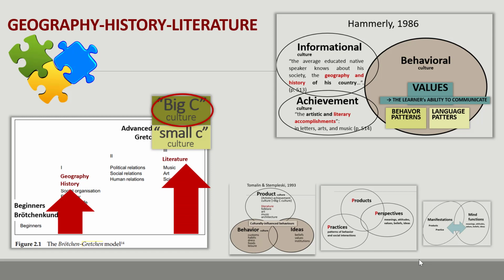In Hammerly's model, which distinguishes information, achievement, and behavioral culture, the information culture is defined through references to history and geography, while achievement culture includes literature, along with other artistic phenomena.